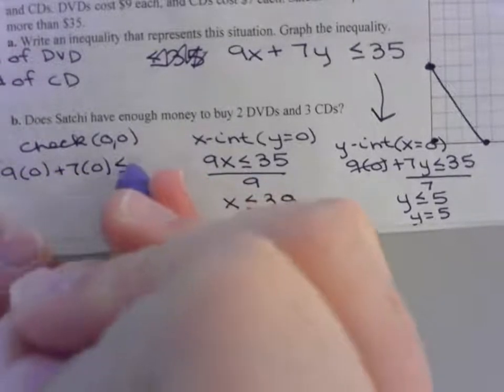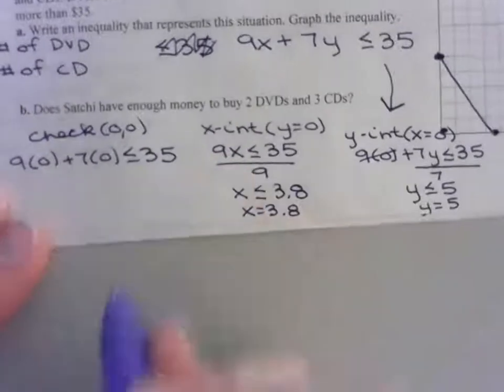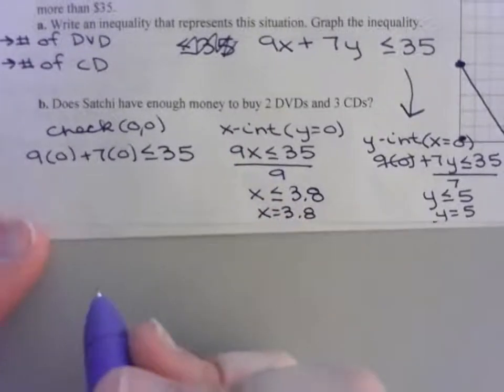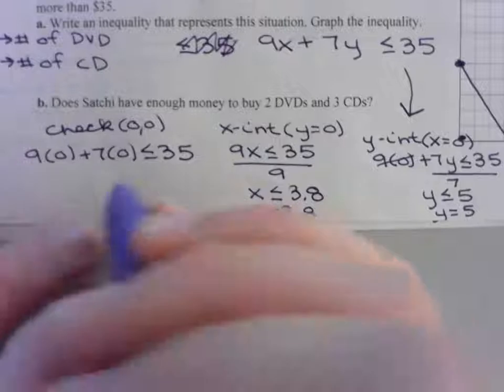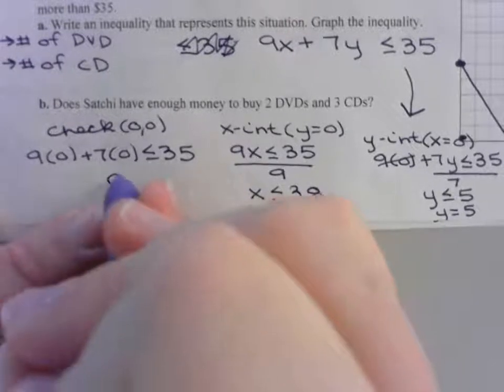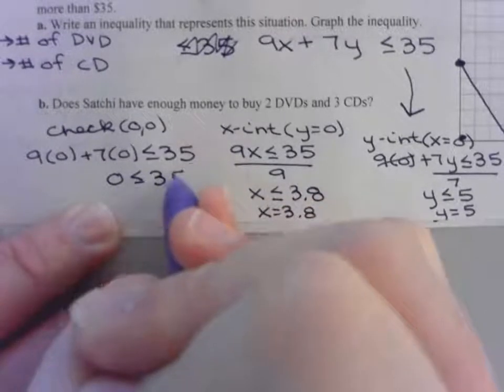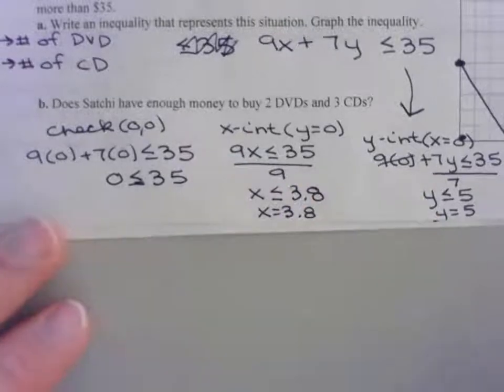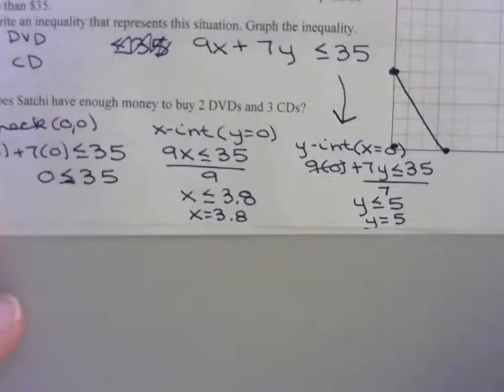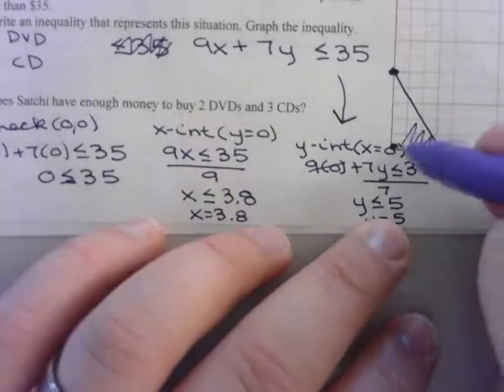Is that less than or equal to 35? What's 9 times 0 plus 7 times 0? 0. Is 0 less than or equal to 35? Yes. Is 0, 0 a solution? Yes, so I shade to include 0, 0. So I shade this way.